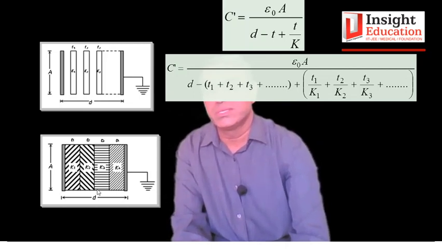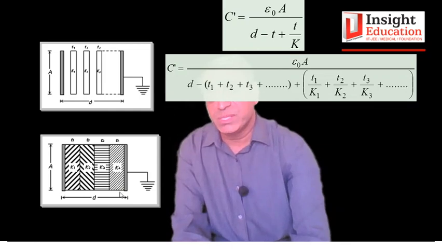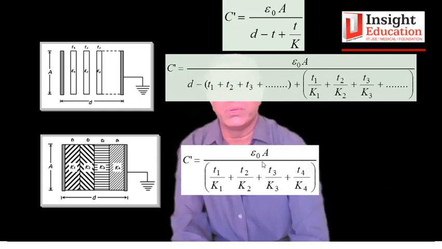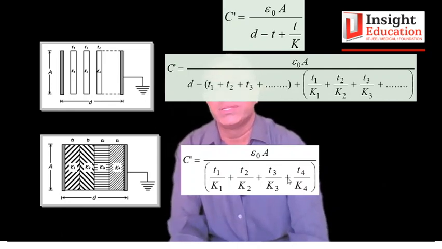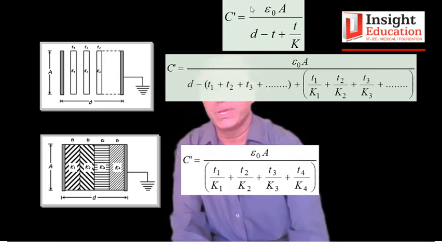Free space is 0 because d minus t is 0, so there is no need to consider that term. Consider only this term: T1 by K1, T2 by K2, T3 by K3. So now C' is equal to epsilon 0 A upon T1 by K1 plus T2 by K2 plus T3 by K3. Based on the requirement, by using this concept, you can modify the equation.